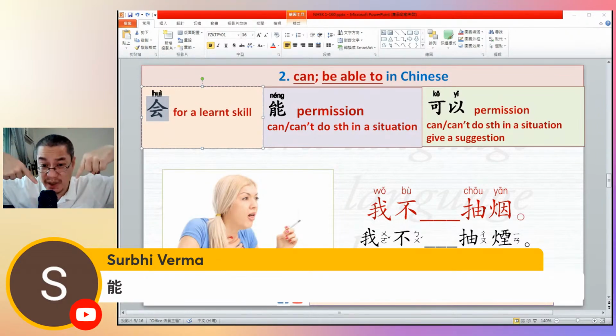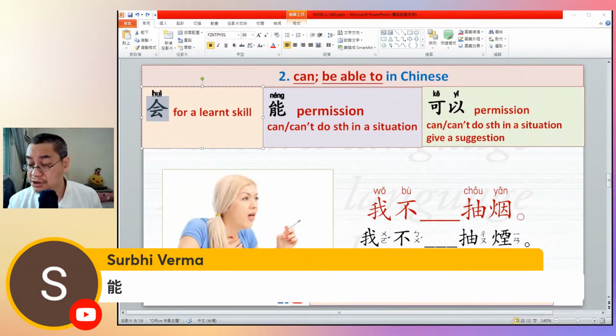But in this place, in this situation, smoking isn't allowed. In this case, you will say 我不能抽烟 Actually, you know how to smoke. But in this place or in this situation, smoking is not allowed. So that's the difference. You can say 我不能抽烟 but the meaning is totally different.